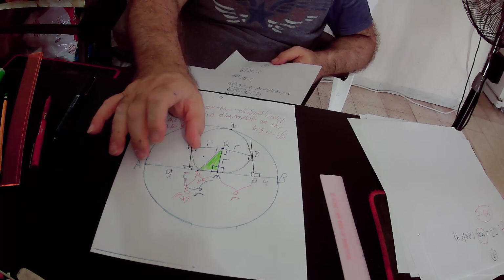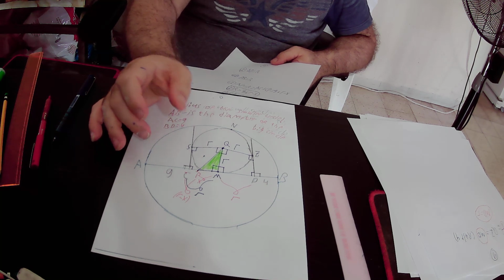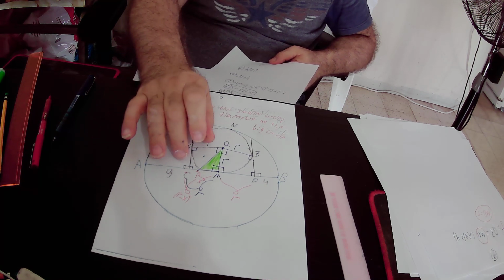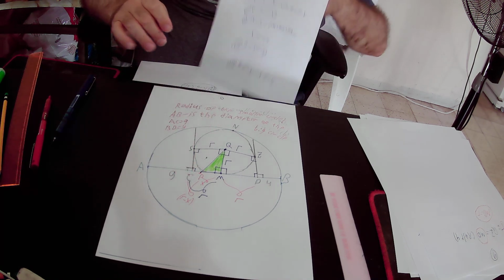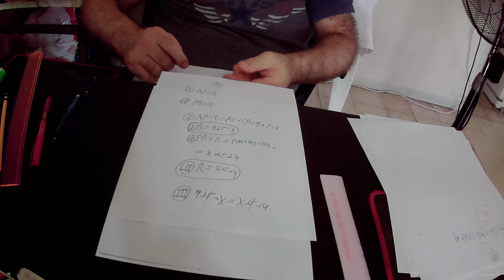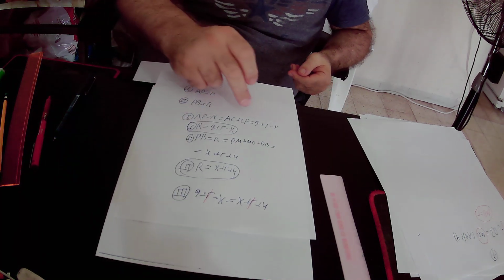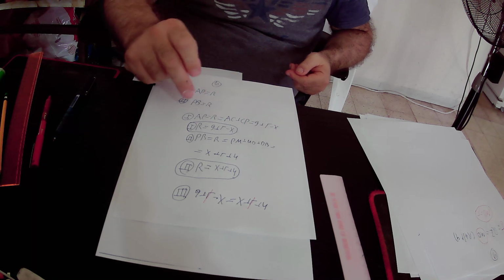AP equals AC plus CP, and AC equals 9 units, and CP equals small r minus x. So in total, AP, that equals capital R, equals 9 plus small r minus x.